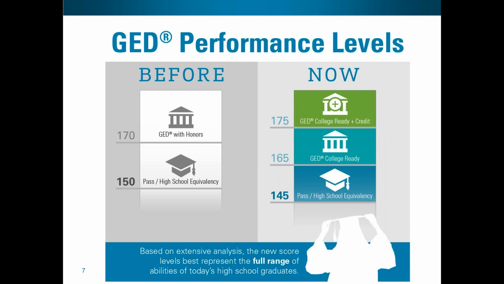High school equivalency, running to 164, with GED College Ready beginning at 165 and running to 174. And then for those who achieve 175 in terms of scale score points to 200, we have GED College Ready plus credit. We feel that this new range best reflects the entire range of today's high school graduates.